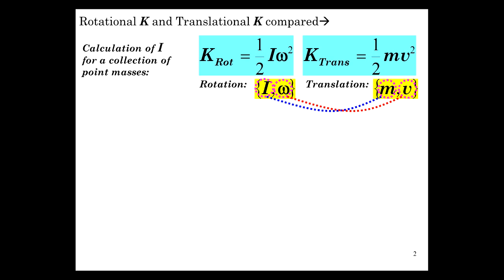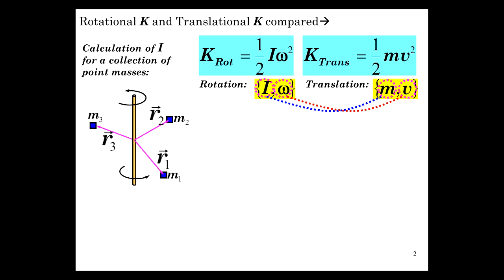Let's do a calculation of the moment of inertia for a collection of point masses. We'll just do 3. So here's 3 point masses, M1, M2, M3, and they are connected somehow to a thin rod, and it's rotating as shown. So they're all on the same plane, if that's not clear. These masses are on the same plane, and they're perpendicular to the rod.